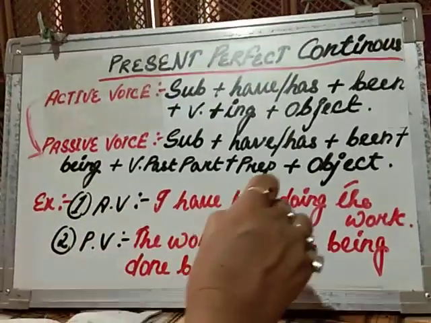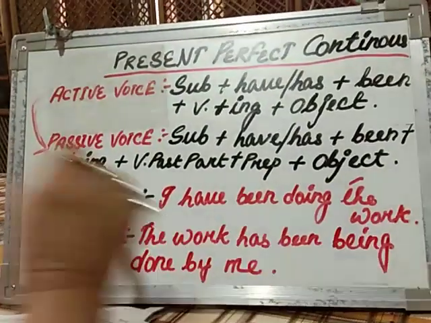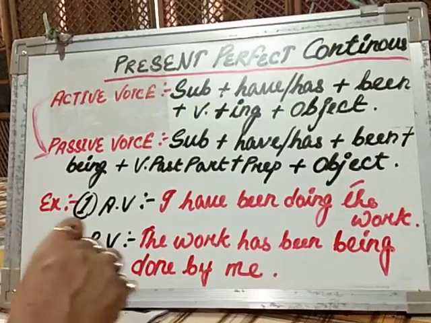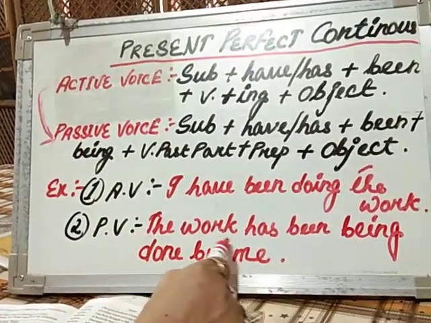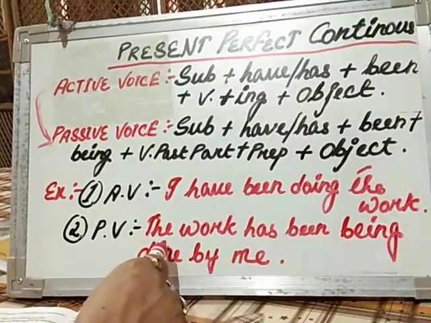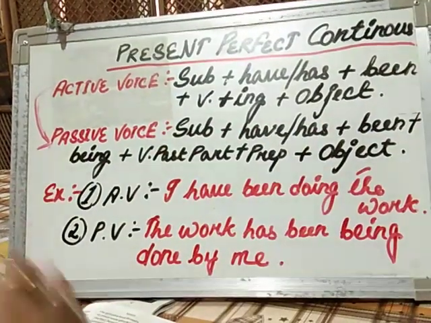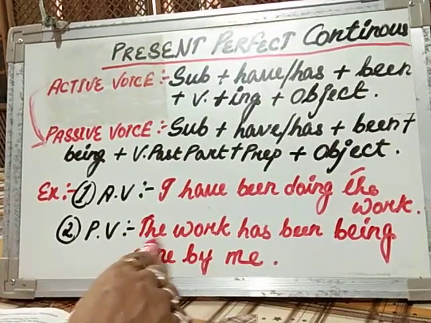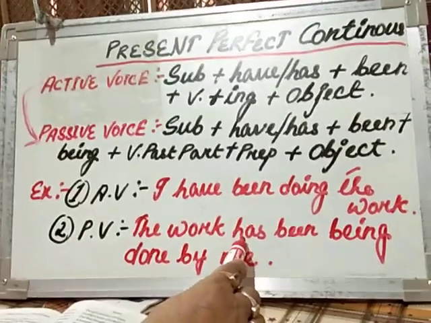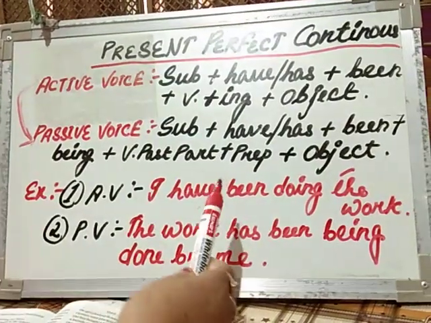See, I have been doing this work, it is in active voice. When I change it to the passive voice, I found that the object became the subject. As I told you before, the object becomes the subject. Work, since it is work, is in the third person form.